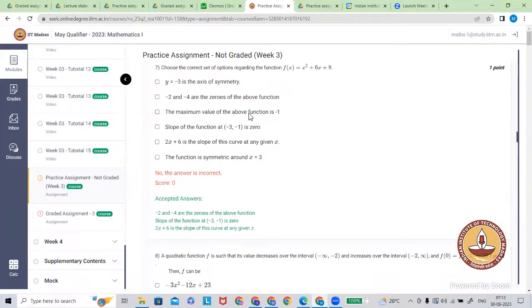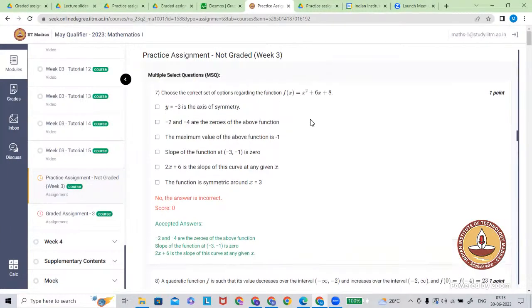The reason is, this is asking for the maximum value, and a is positive.